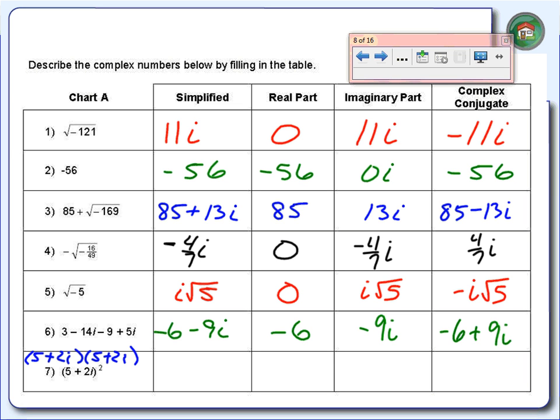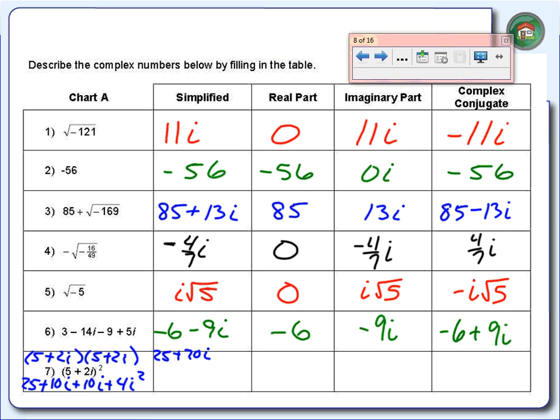So here we go with the FOIL. 5 times 5 is 25. 5 times 2i, 10i. 2i times 5 is 10i. 2i times 2i is 4i squared. What's going to happen with the two terms in the middle? You can add them together. And what do you get when you add them together? 20i. So right here we have 25 plus 20i.